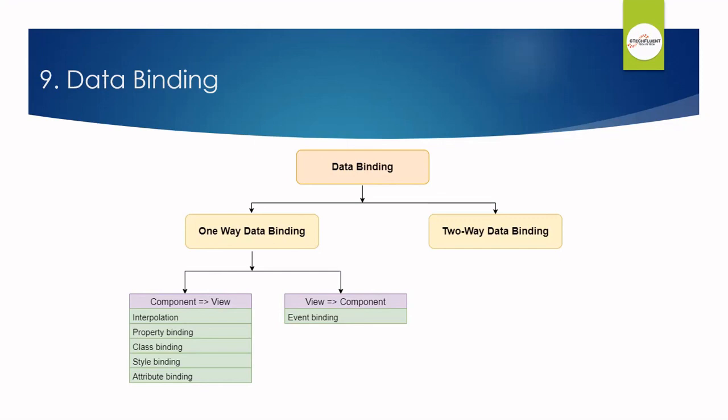Two-way data binding will perform two things: first, setting up the element property, and second, listening to the element's change event. So whatever you are binding to the particular property, and whatever events are happening in your application. That means a change from the view can also change the model. Similarly, a change in the model can be reflected in the view.